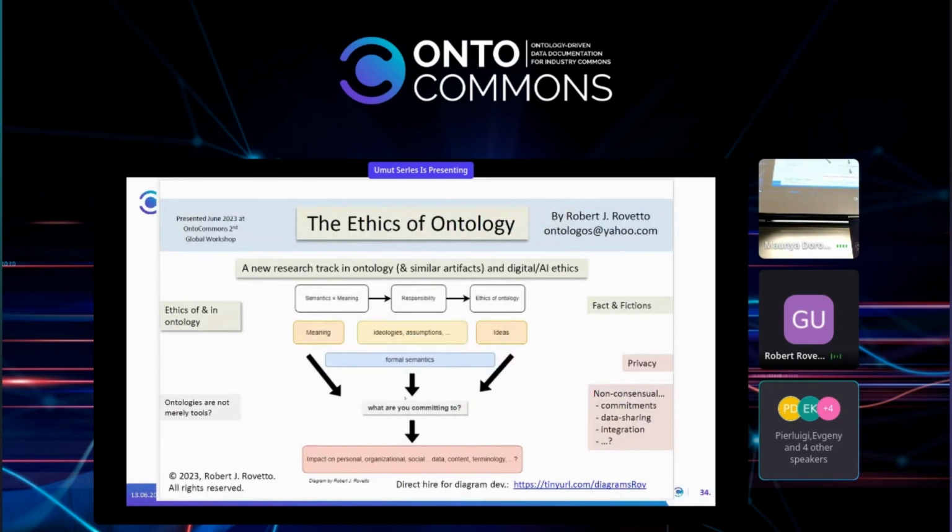Thank you. So this project is about developing and understanding the ethics and moral aspects of ontology development and use. It's presented as a potential new research track in ontology and in other disciplines.